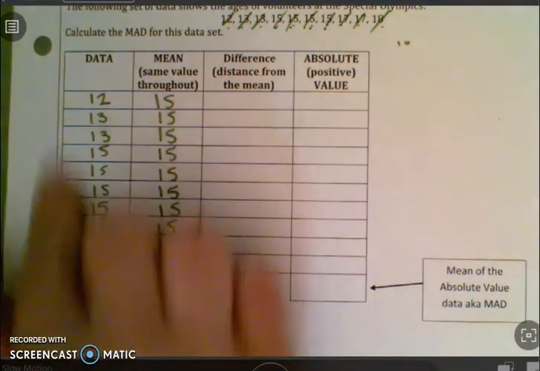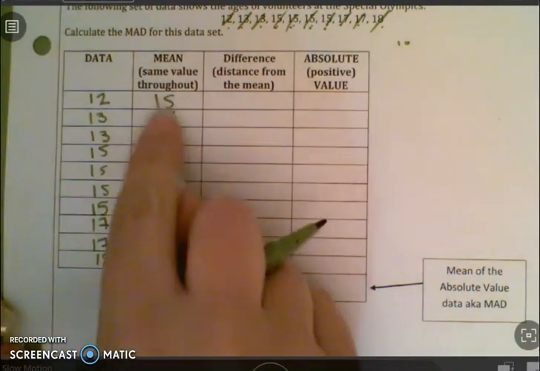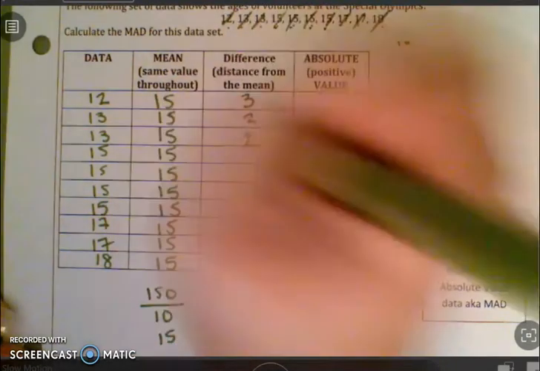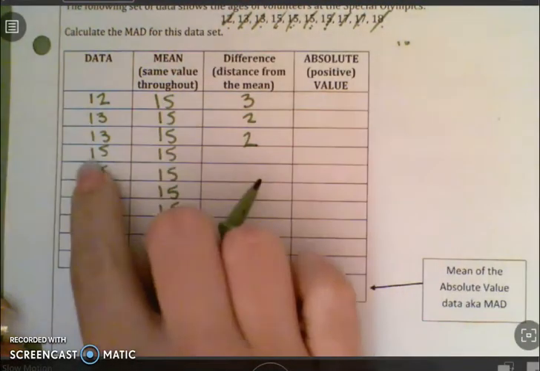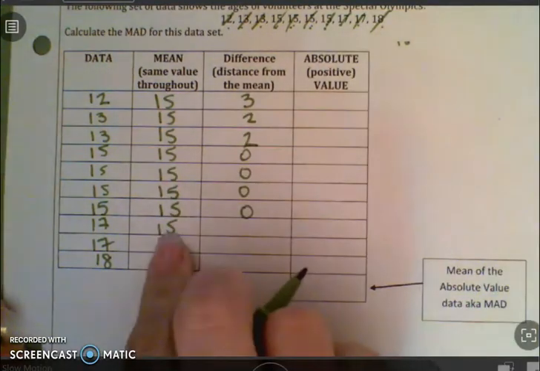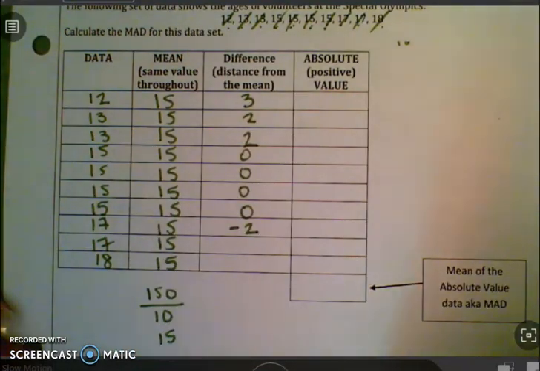Okay, so then once you've done this, you're going to do the mean minus the number. So 15 minus 12 is 3. 15 minus 13 is 2. 15 minus 15 is 0. 15 minus 17 is negative 2.